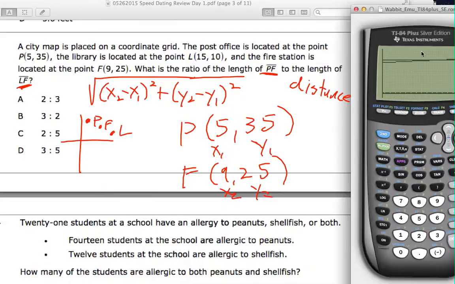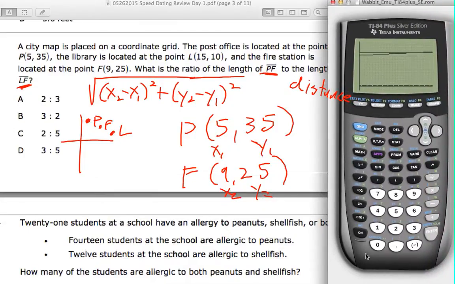So let's set this up on the TI-83. Because this kind of thing, if you do it once on the TI-83, each time you redo it, it gets easier and easier. So we need a big square root. And then in our first parentheses, we need x2 minus x1. x2 is 9 and x1 is 5, so we need 9 minus 5.